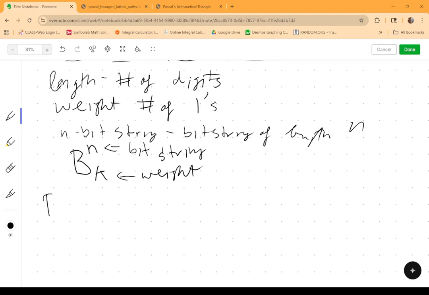So here, B(4,2) is all bit strings that are of length 4 and weight 2.